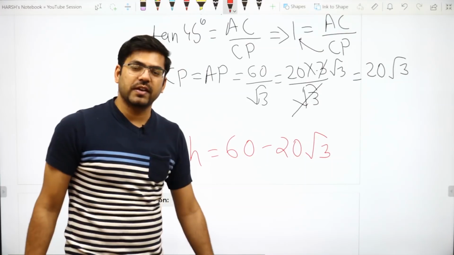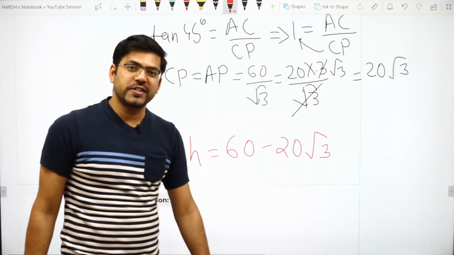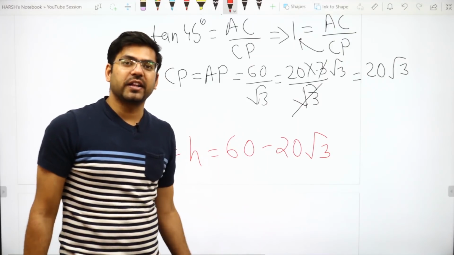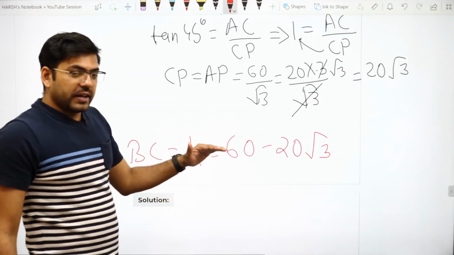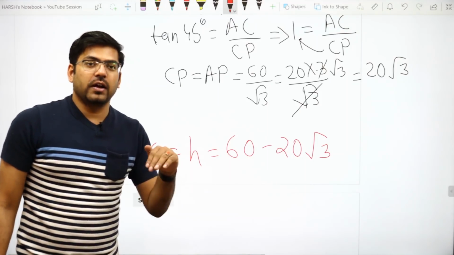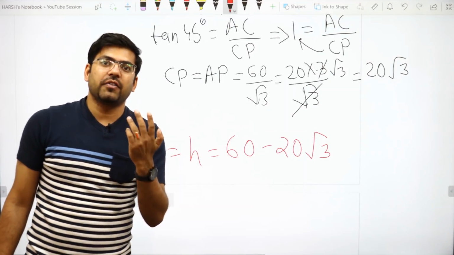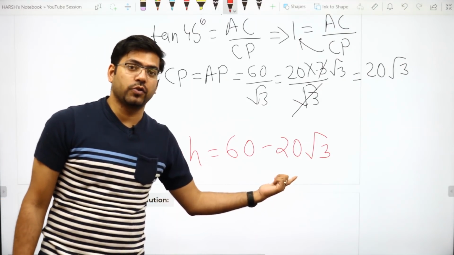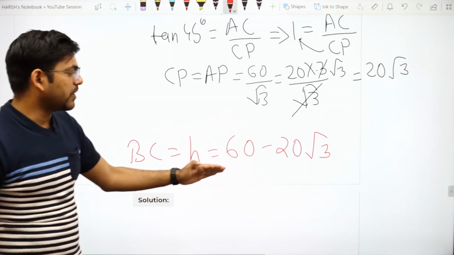Root 3 is 1.734. 20 into 1.734, you will be getting a value. Subtracting it from 60, you will be getting the final value. But yes, let me tell you, you need to solve this. Don't leave the answer here because half marks or 1 mark will be deducted if you don't write the final answer. So write the final answer.